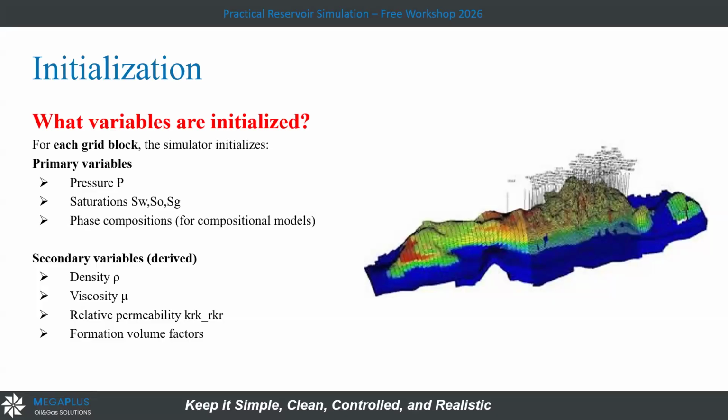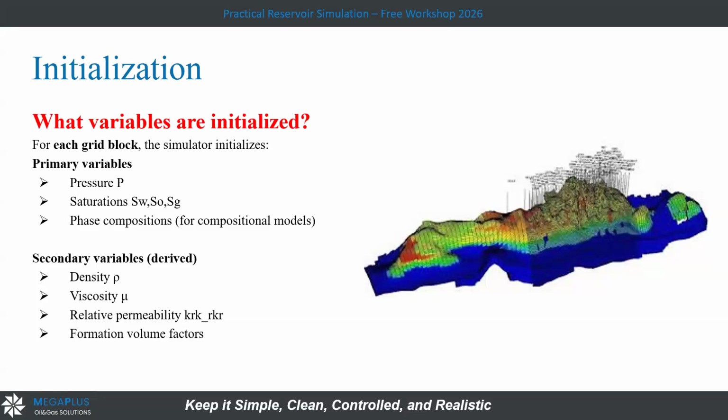So in initialization, again, we put the datum and pressure and some data we will see, to make this distribution. The secondary variables, not the primary variables, will also be distributed, of course the density, because when the saturation changes, the density will change and the viscosity will change.